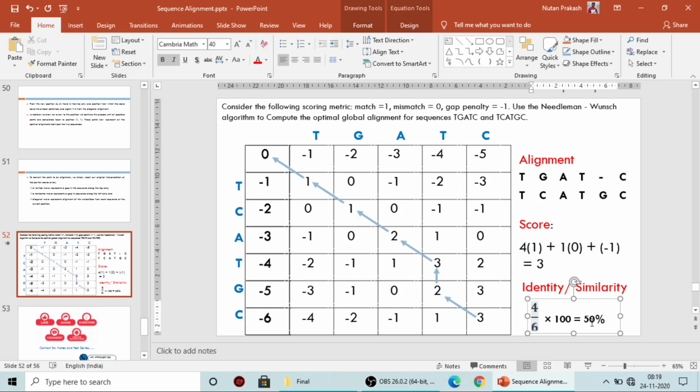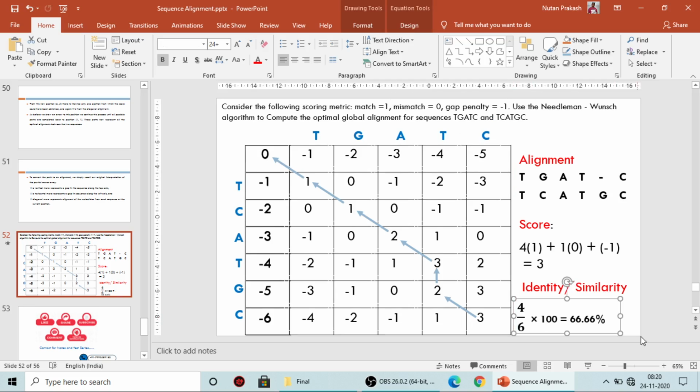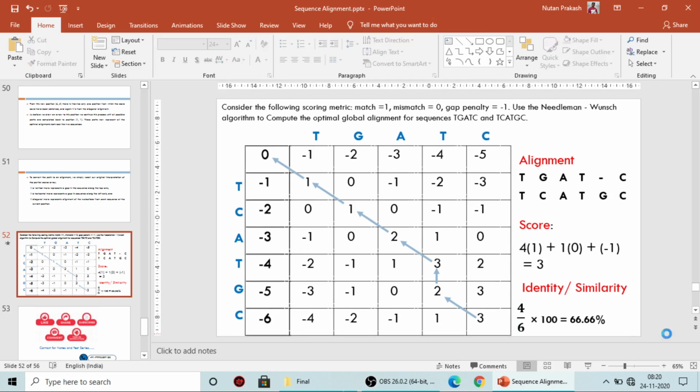If you calculate this, the value will come like, let me check and tell you. So 4 divided by 6 multiplied by 100, so your score will come 66.66%. So both the sequences are sharing 66.66% similarity.